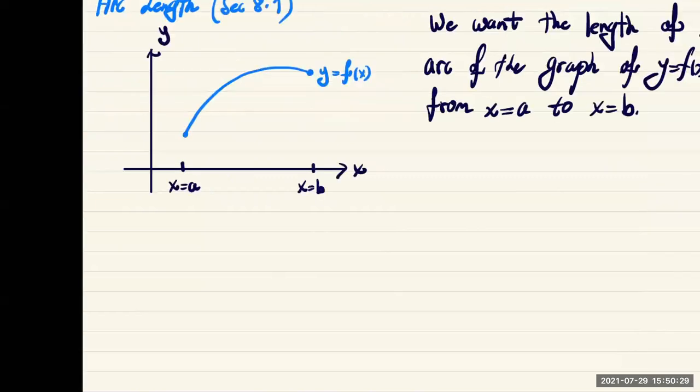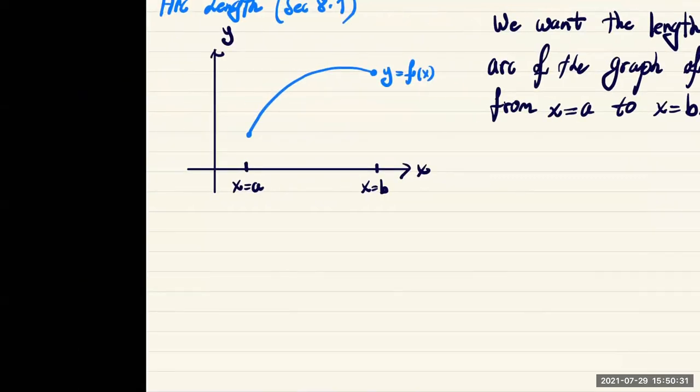So what you're going to do is you are going to zoom into this curve, just a segment of the curve. Zoom in long enough so that the segment or the arc of the curve looks straight.